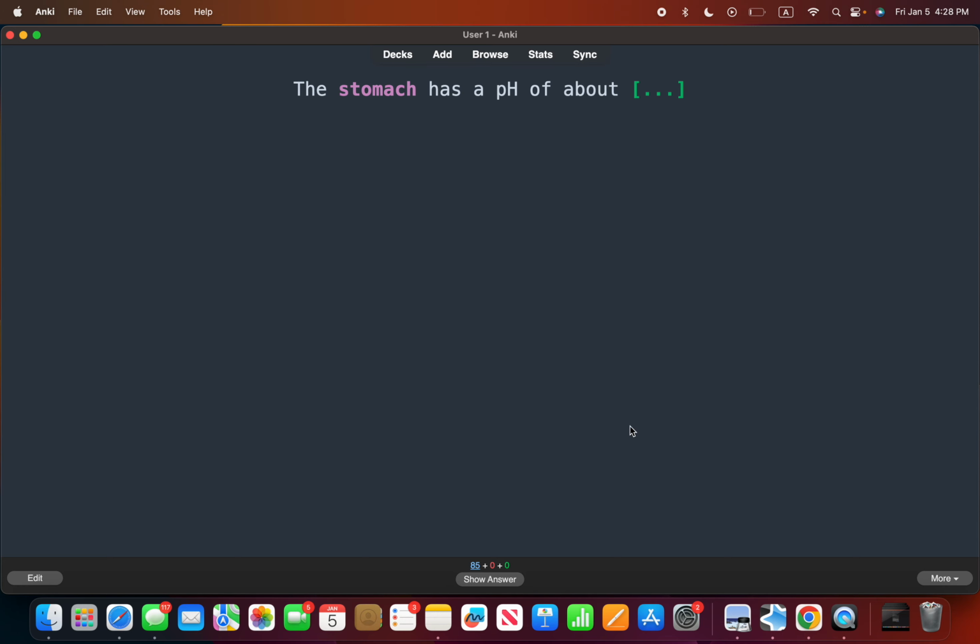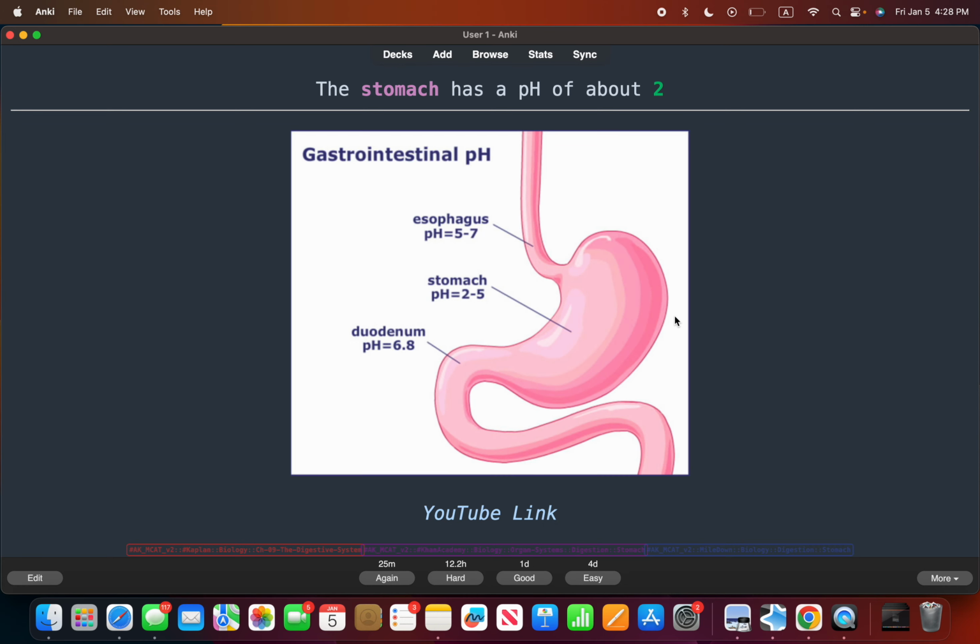The stomach has a pH of about 2. The esophagus has 5 to 7. Stomach is 2 to 5.